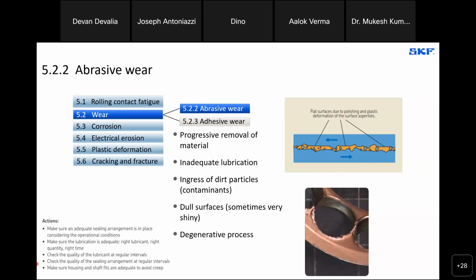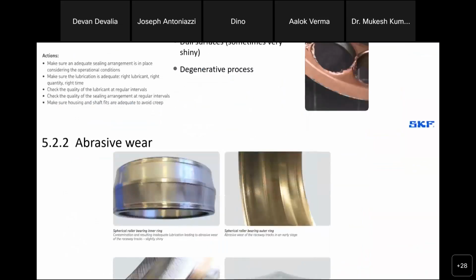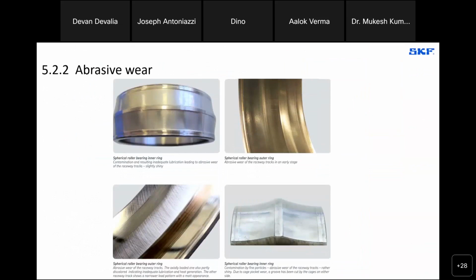So let's go to some pictures or examples of abrasive wear. We will typically see abrasive wear in industries where there's a lot of particulate: mineral processing, aggregates, cement, where we actually get ruts worn into the raceways of the bearings.